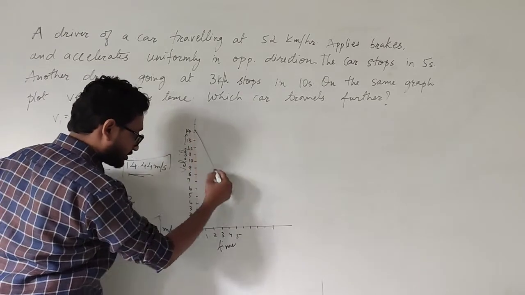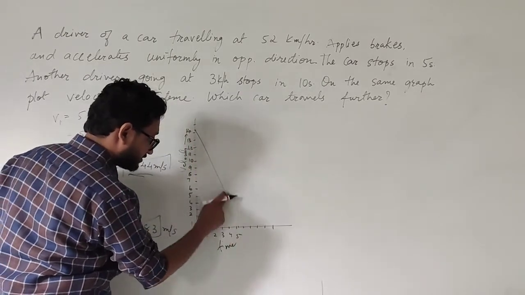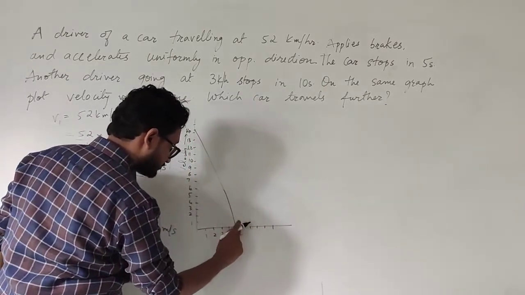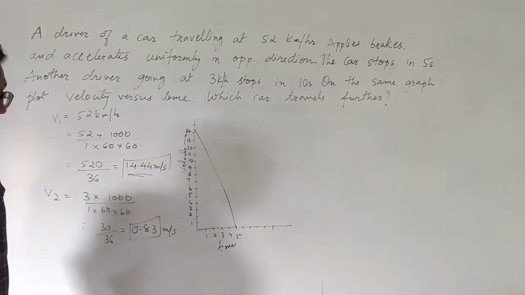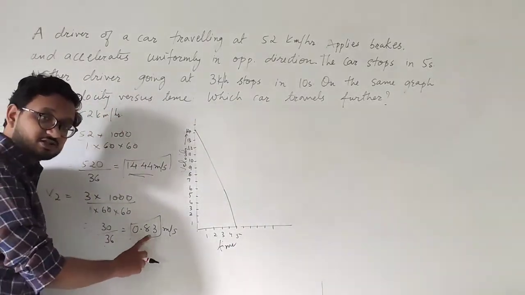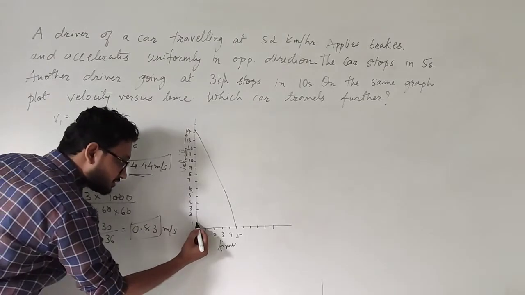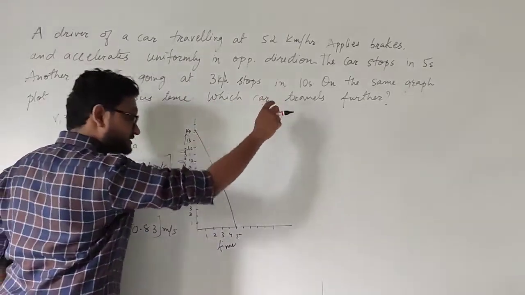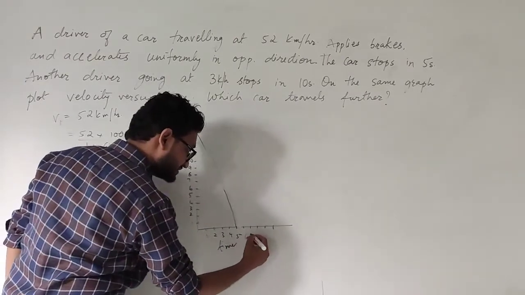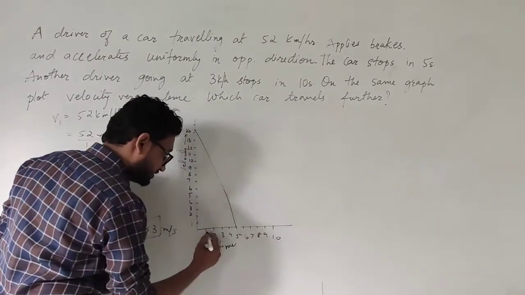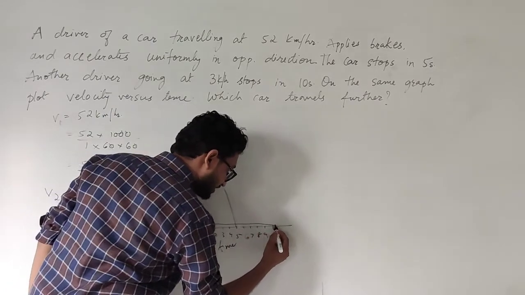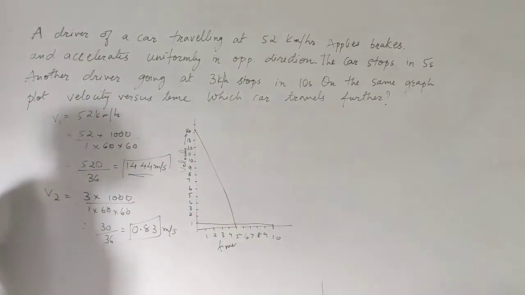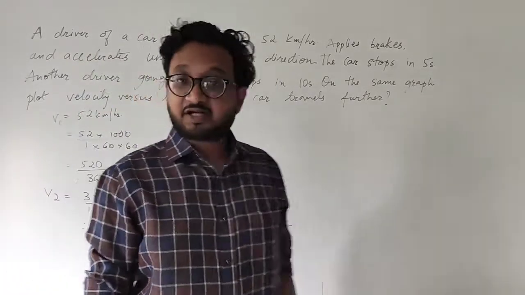The graph will be plotted like this. The second one is 0.83, not even 1 meter per second, so it is just below 1 meter per second, and it takes 10 seconds. So 5, 6, 7, 8, 9 and 10. I will plot a very small graph like this one. I hope it is clear to you students.